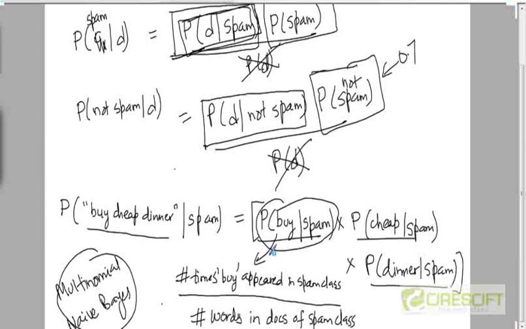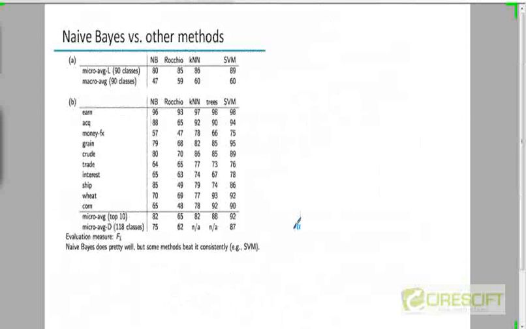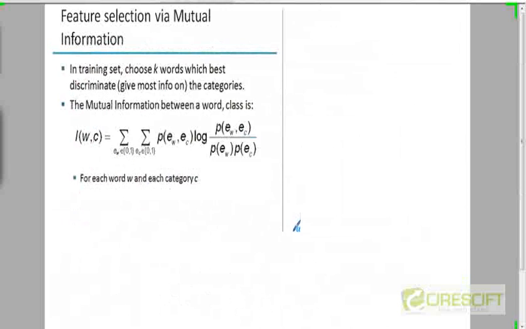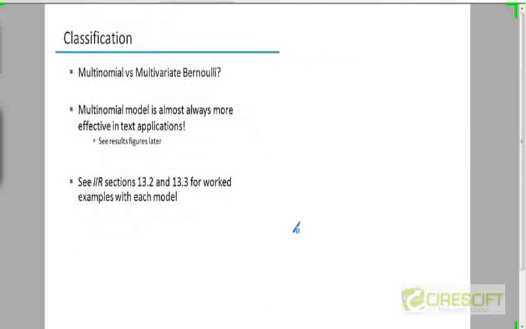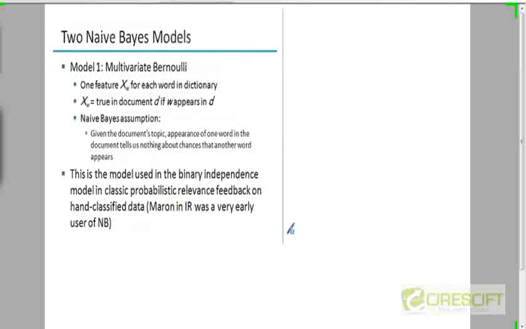Okay, so there are a couple of slides on the difference between the two models. I've already explained them, but here they are again. In the multivariate Bernoulli model, which was the earlier model, you will have one product term for every vocabulary term.